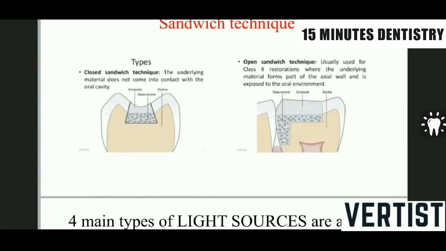Like when you consider the same thing in restoration, you are supposed to use two layers of restoration, so that you can use a cement, or temporary cement, or you can use a liner, or you can use a permanent restorative material below your composite resin, that is your sandwich technique. Mostly it is done in cases of deep cavities or wherever there is a subgingival extension of the cavity, so that you cannot put your composite resin into the subgingival area.